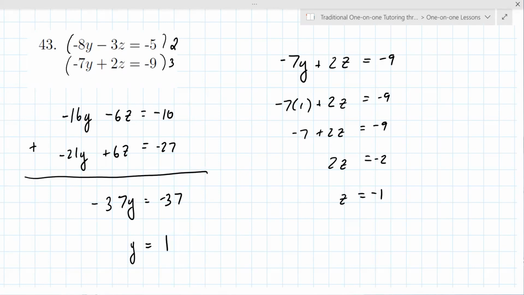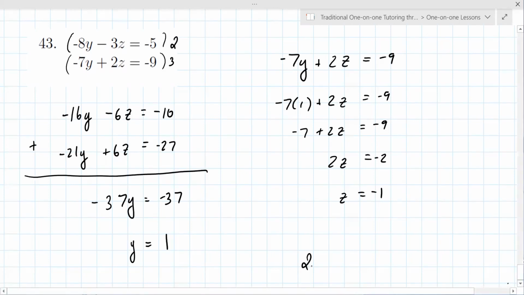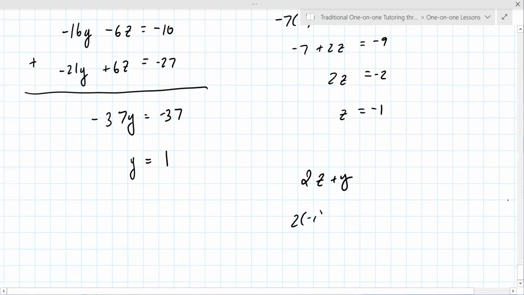But if the final question was, well, what is 2z plus y? Well, it's 2 times -1 plus 1. You still get a nice answer. Okay. So sometimes even when they have this extra step, you still get something that is useful.